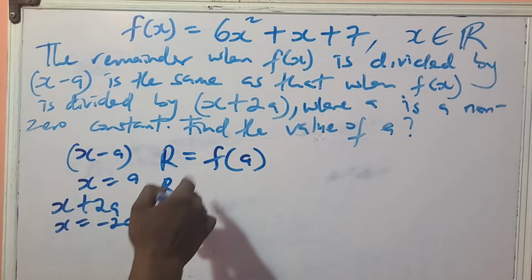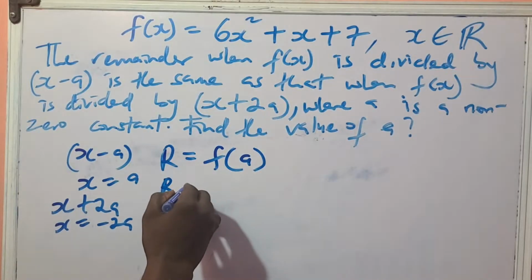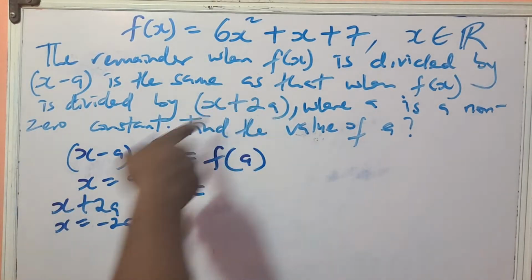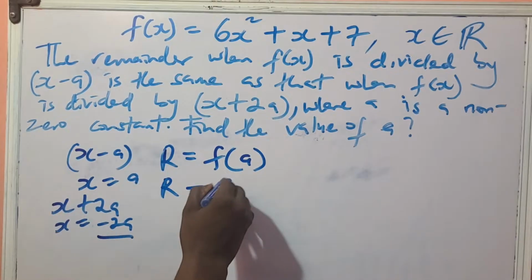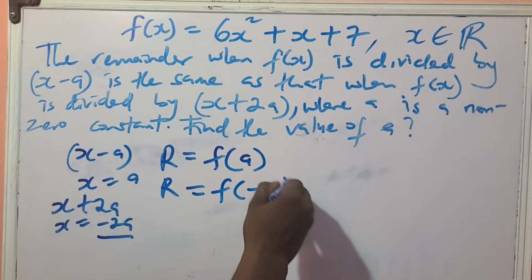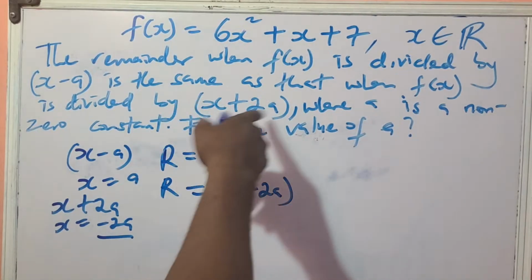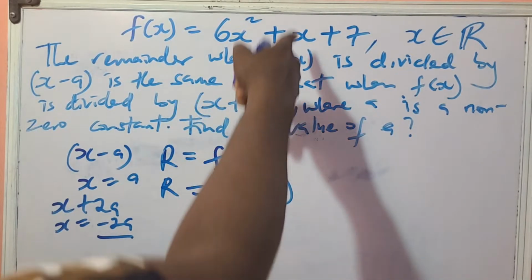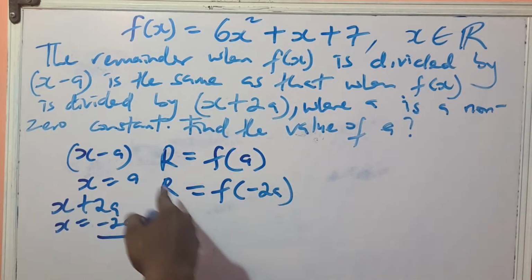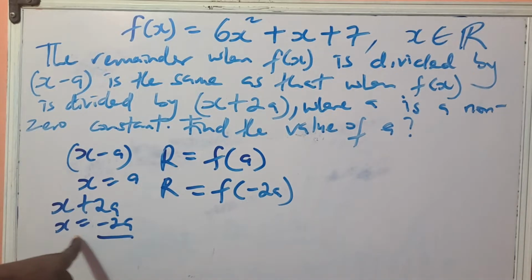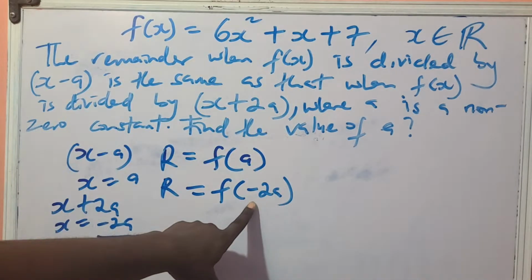The same thing goes for this other one. If I fix in x as minus 2a, I will have f of minus 2a. If I use x plus 2a to divide a polynomial, whatever I get when I put in x as minus 2a will be the remainder.